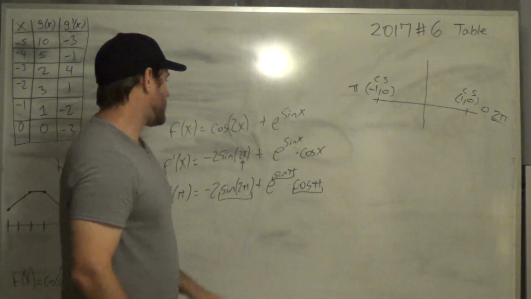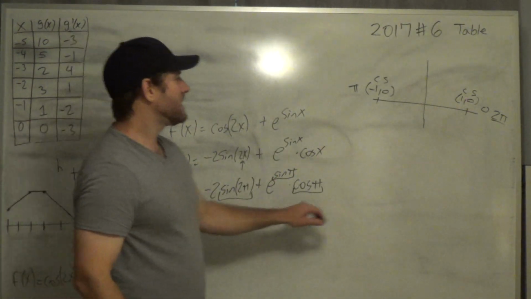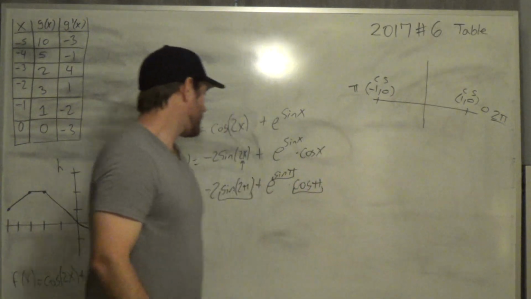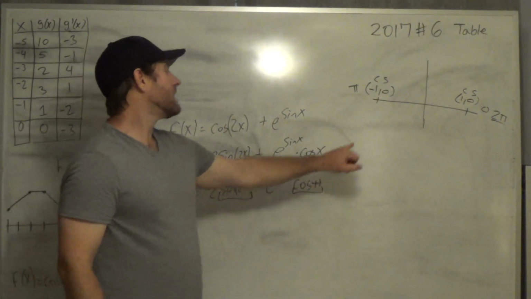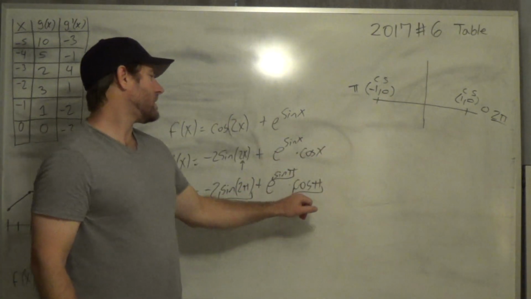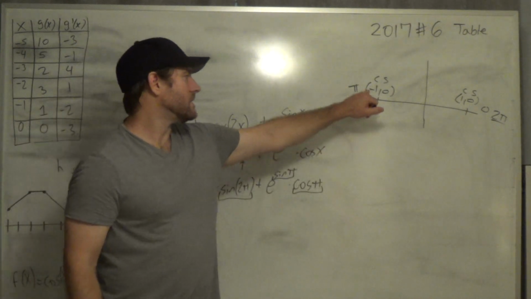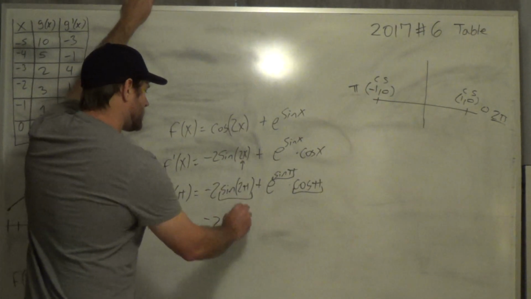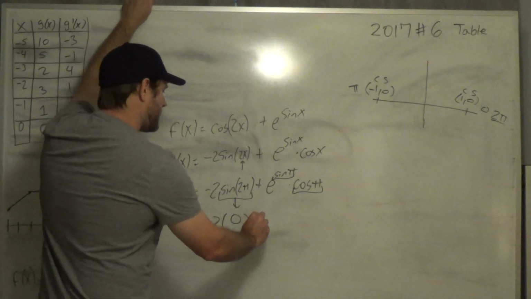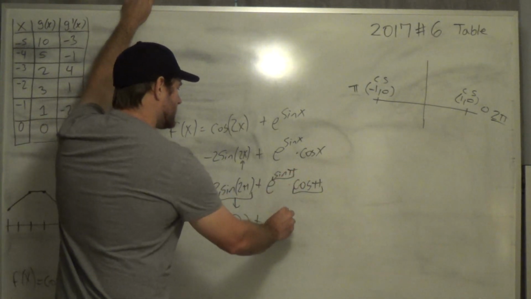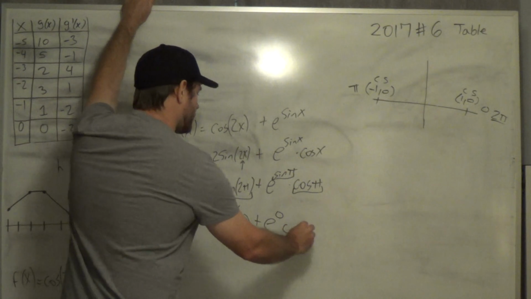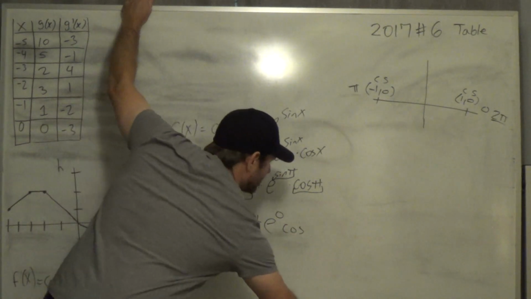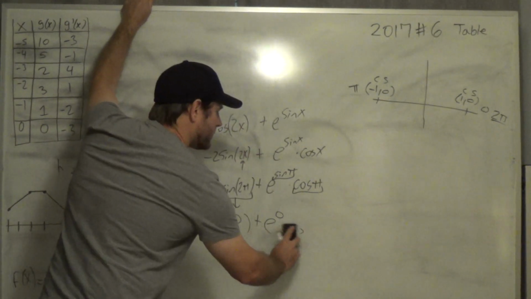So when we get to the part of the problem where I need sine of 2 pi, sine of 2 pi is a 0, sine of pi is a 0, and cosine of pi is a negative 1. So my answer is negative 2, that's a 0, sine of, that's a 0, and oops, cosine of pi is a negative 1.